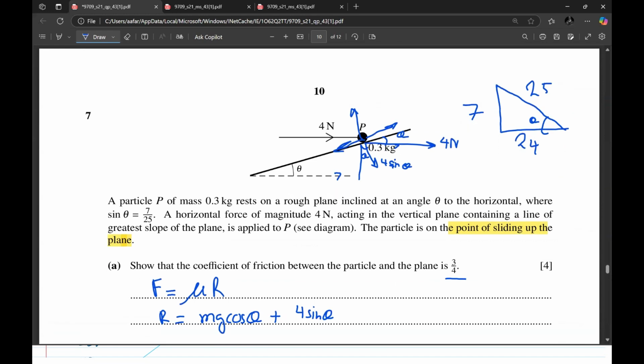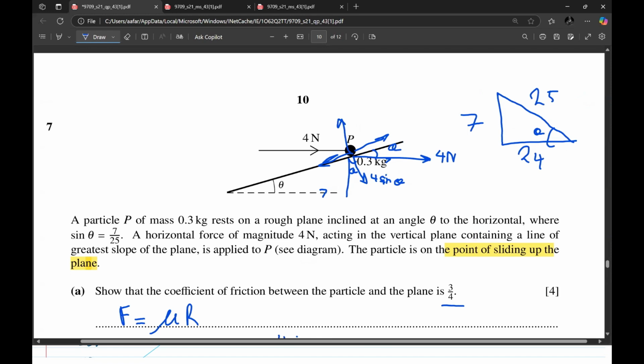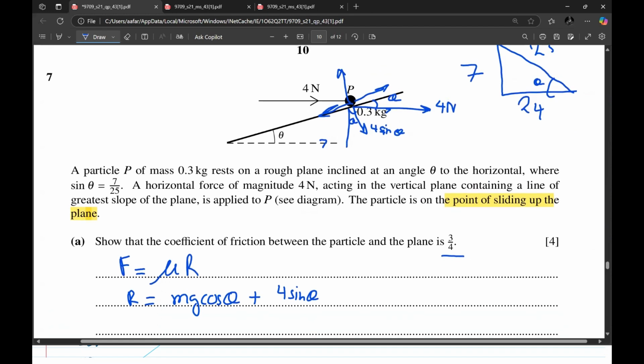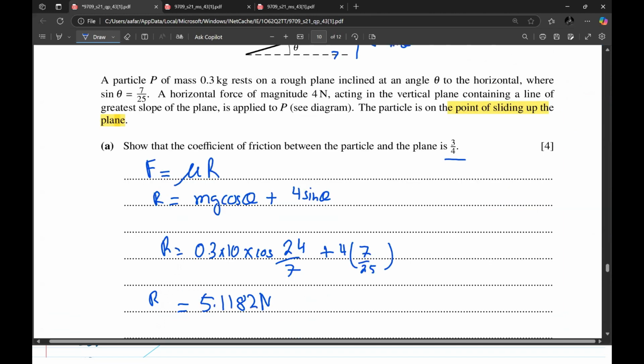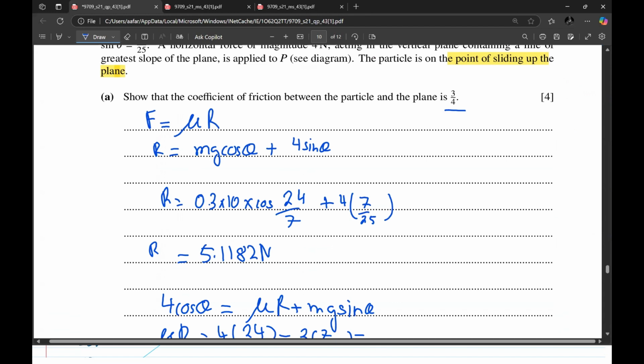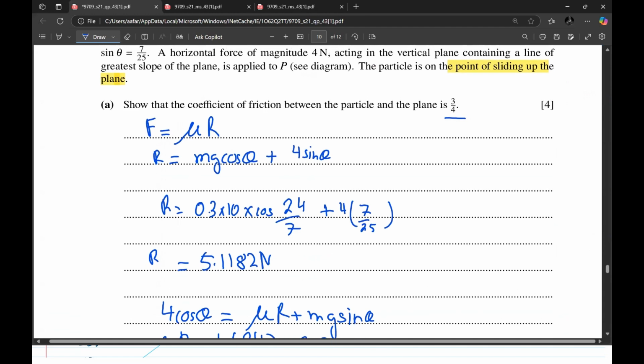Substitution with 3 or 4, right? R is... Hold up. Let me calculate this again.